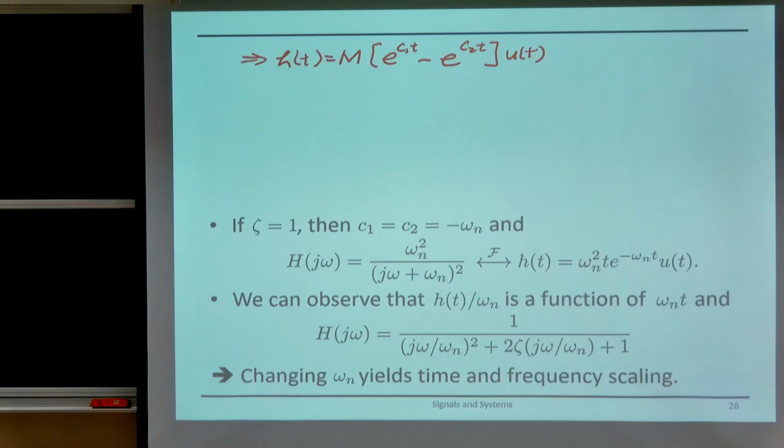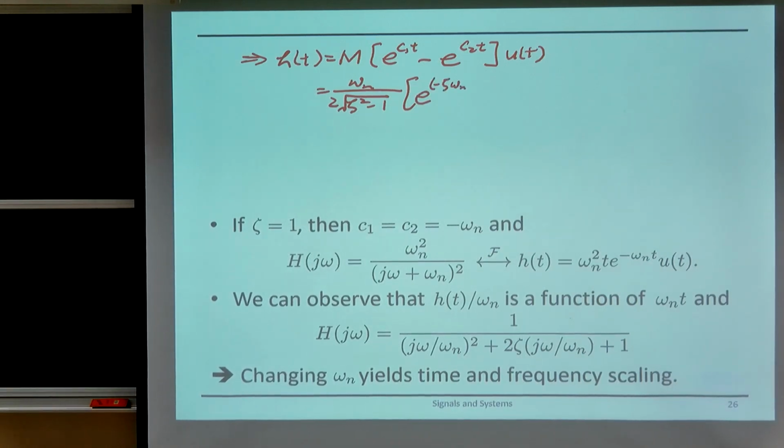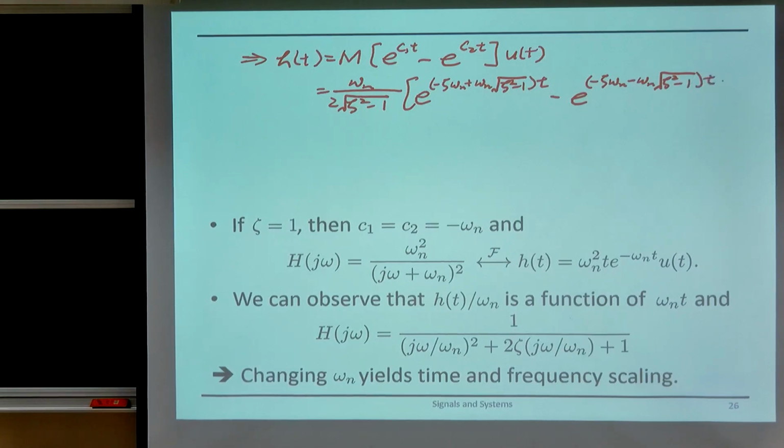Or if you plug in all the values, you get omega n over 2 square root zeta squared minus 1, times e to the minus zeta omega n plus omega n square root zeta squared minus 1 t, minus e to the minus zeta omega n minus omega n square root zeta squared minus 1 t, times u of t.